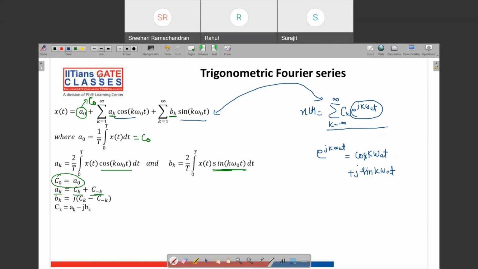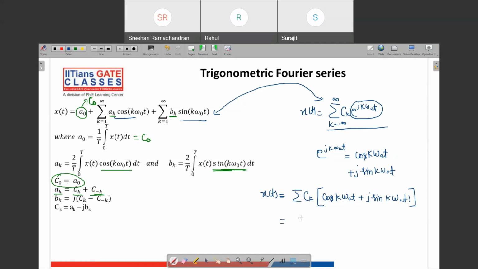So how is it coming? Let me write this. xt is equal to summation of ck times the exponential, which we can write as cos k omega naught t plus j sine k omega naught t.